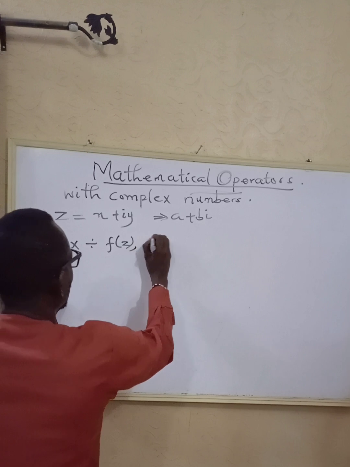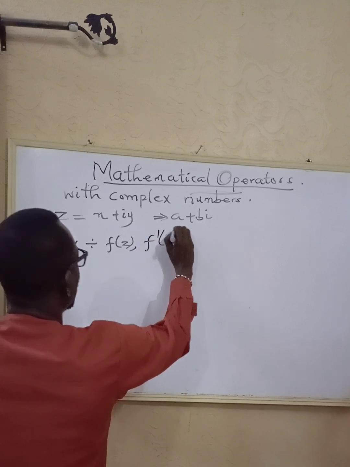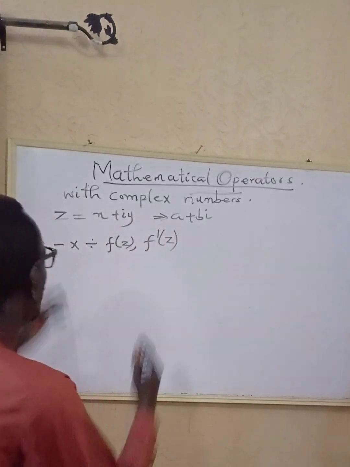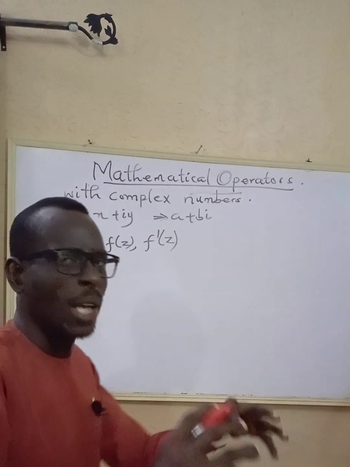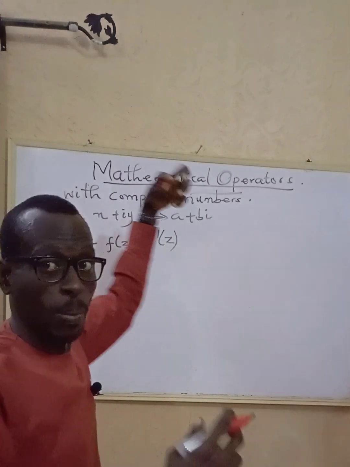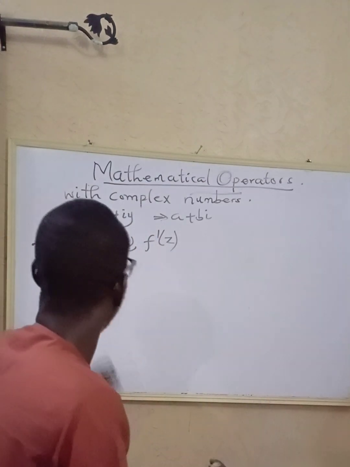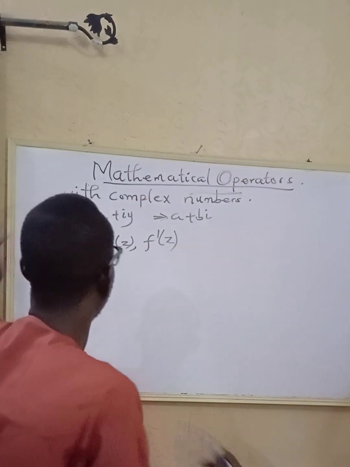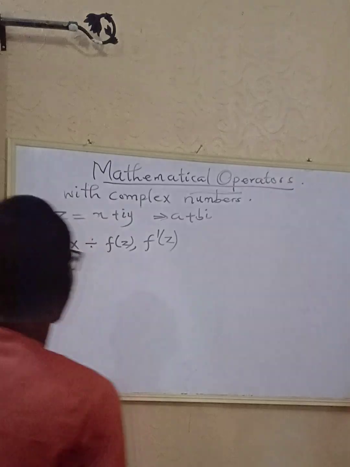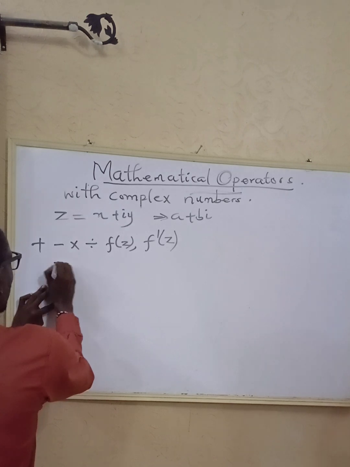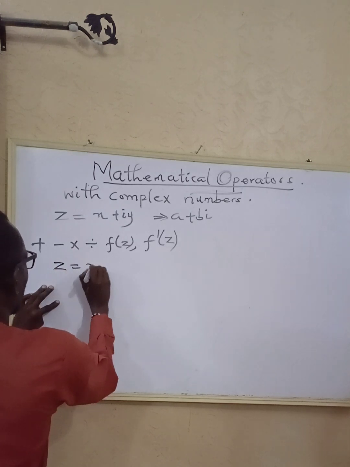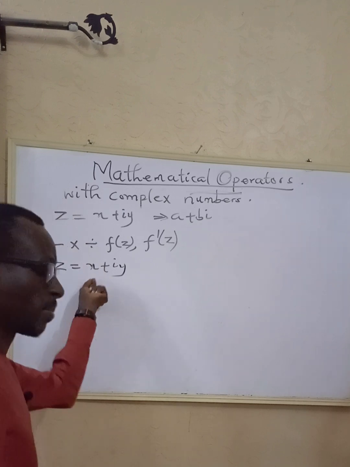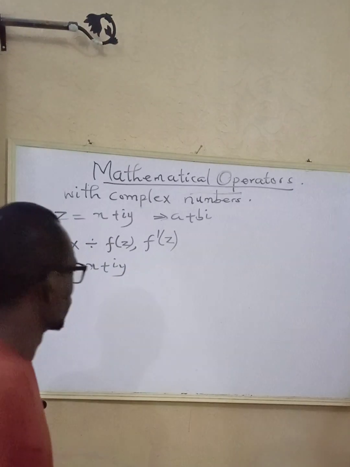We also have a differential of z, depending on the tools you wish to use. From this, we are looking into some topics under complex analysis that involve the combination of the complex numbers or complex variables with the operators. We have our z to be x plus iy, which we have known in the last video: this is the real part, this is the imaginary part.